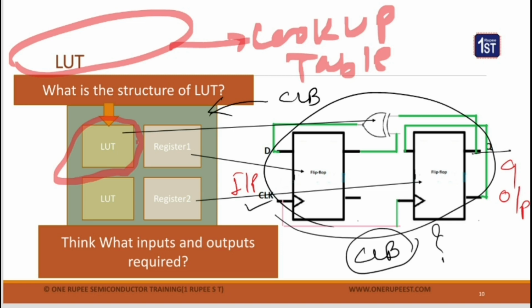We will choose one of the FPGA families and then try to understand the lookup table, CLB, IO blocks, then clock management units, then dedicated resources, DSP blocks, multipliers, and high-end external interfaces. A lot of other dedicated blocks will be present on the FPGA fabric.